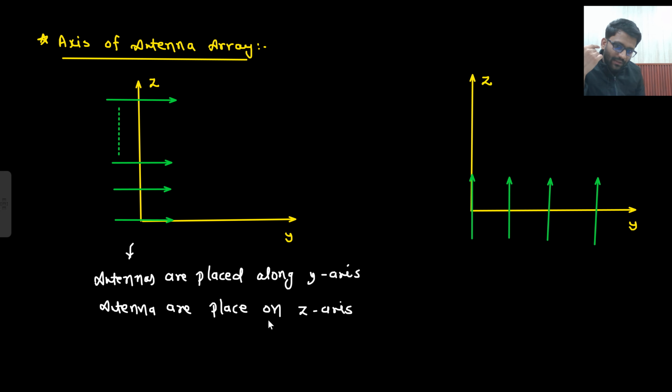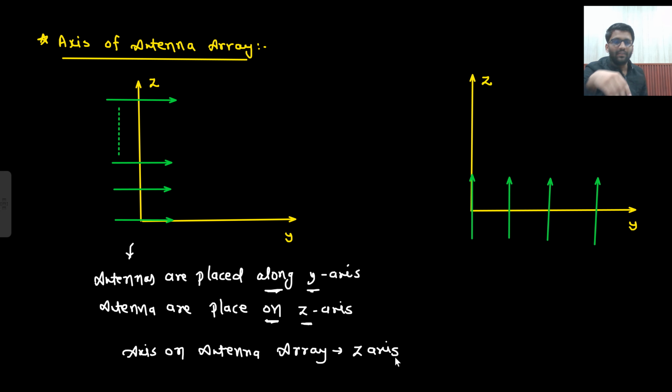On the z-axis, along the y-axis. So what is known as the axis of the antenna array? The z-axis will be known as the axis of the antenna array. So what is the axis of the antenna array? That is known as the z-axis.